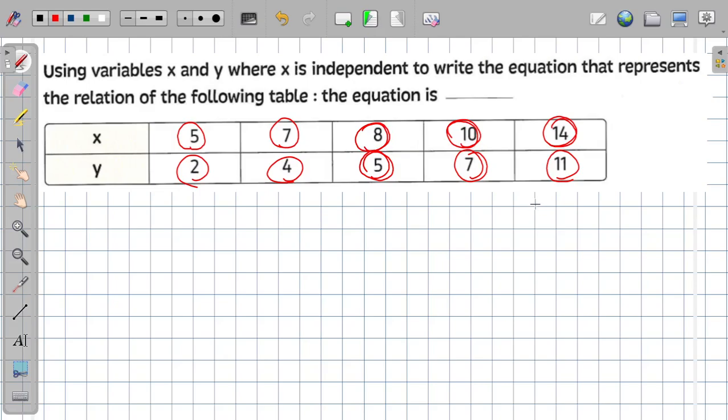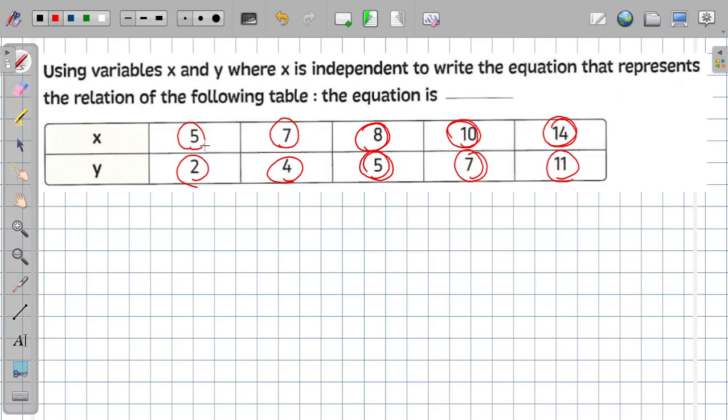Let's find the relationship between x and y here. When x equals 5, y equals 2. What is the difference between these two numbers? I think 5 is more than 2 by 3. So when x was 5, y was 2.